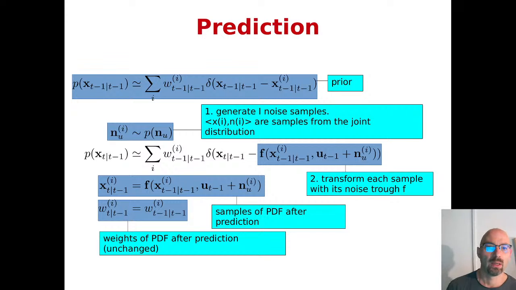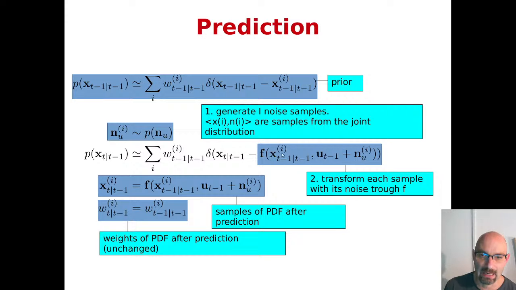Now, in order to predict the next step distribution, the most straightforward thing is to take, for each sample of my target distribution, a sample of the noise. How many samples of the noise?